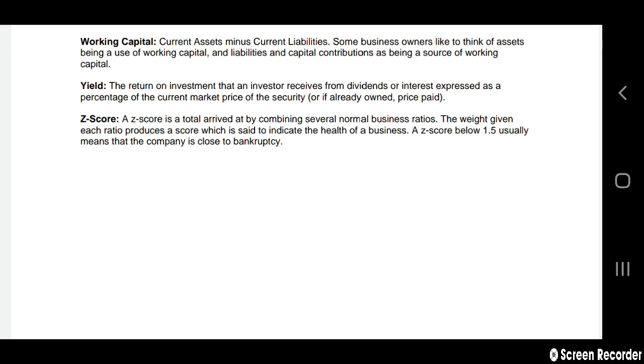Next is yield, the return on investment that an investor receives from dividends or interest, expressed as a percentage of the current market price of the security. Z score, a Z score is the total arrived at by combining several normal business ratios, and the weight given to each ratio produces a score which is said to indicate the health of the business.